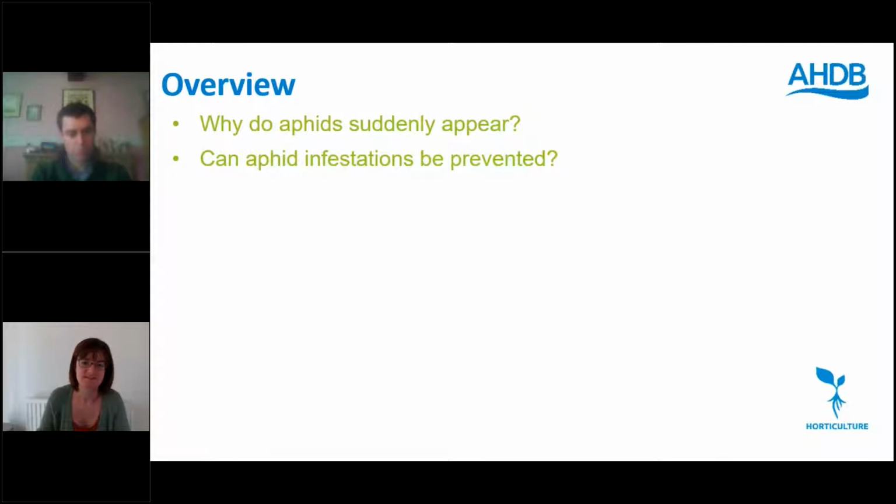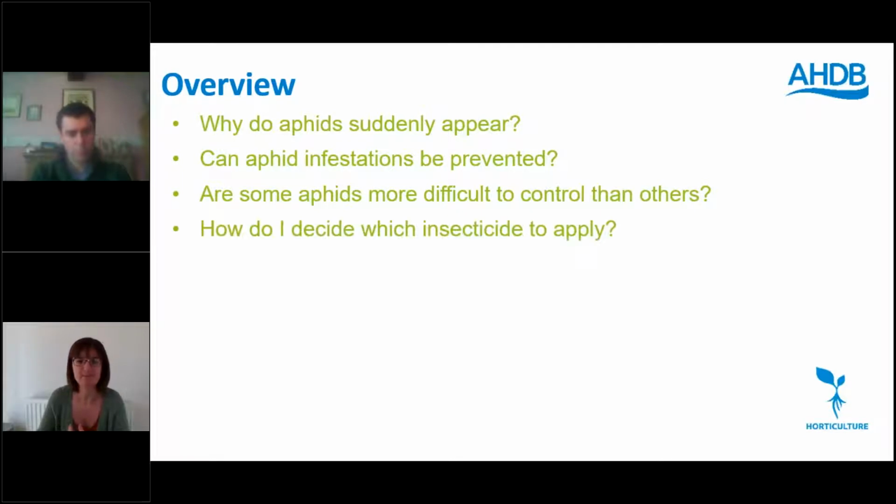In terms of an overview, these are the questions we're going to focus on throughout this presentation. First, why do aphids suddenly appear on the crop? Can aphid infestations be prevented in the first place? Are some more difficult to control than others?